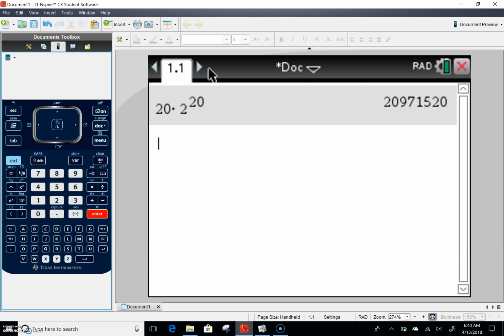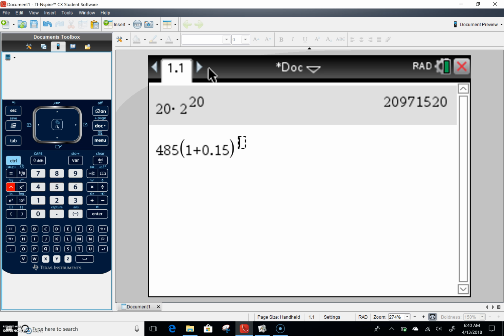So 485 parentheses 1 plus 0.15, close parentheses.